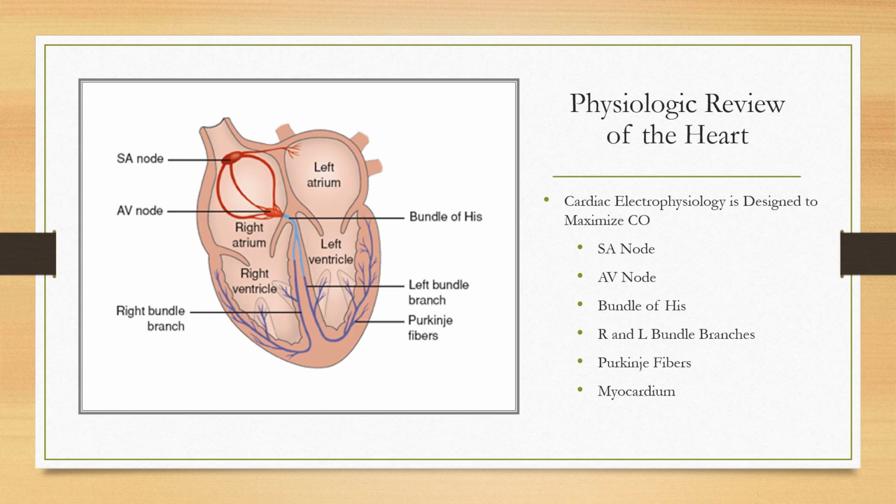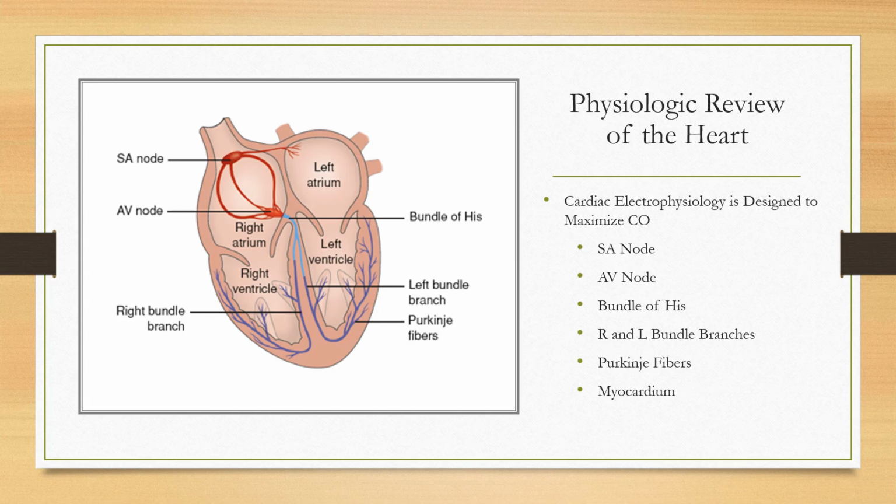Okay, so let's talk about the normal physiology of the electricity of the heart. So that starts at the sinoatrial node. And when I call it a pacemaker, it's a natural pacemaker.